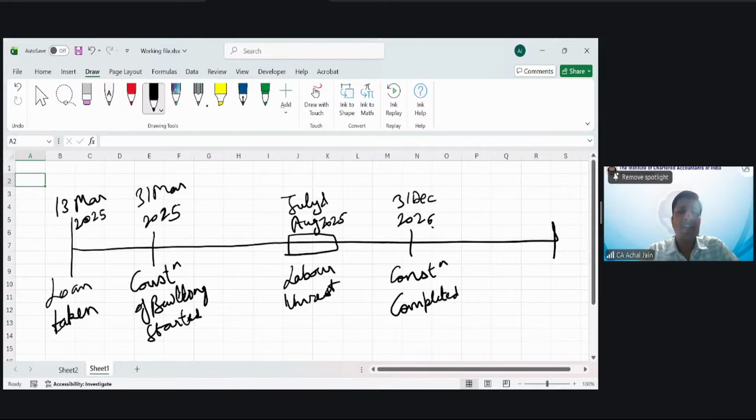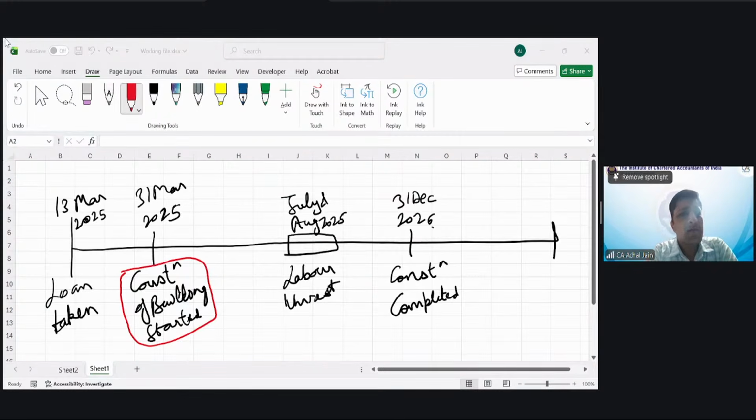Okay, now in this case, let's try to understand. When is the construction starting? 31st March. Yes or no? Right? In this case, what is our objective? Our objective is to compute the amount of interest to be capitalized. Right?